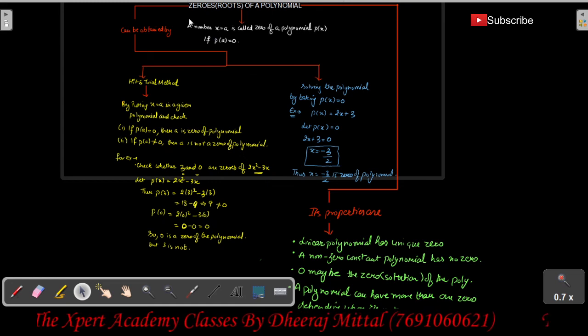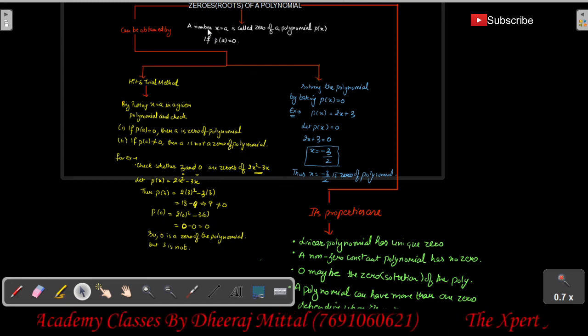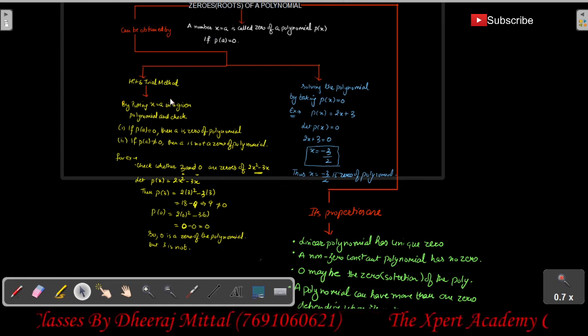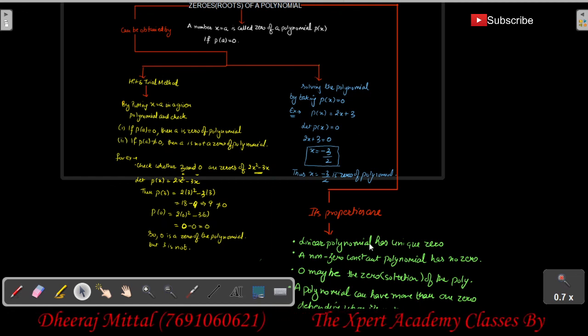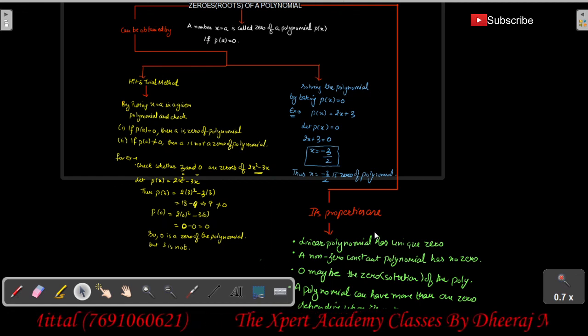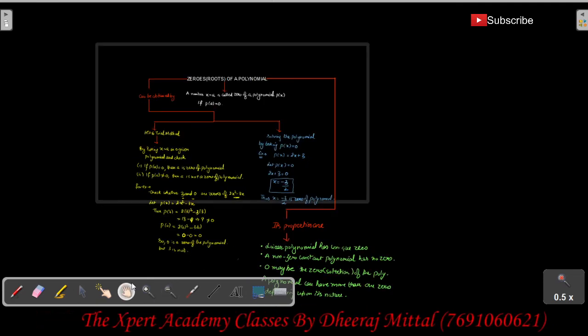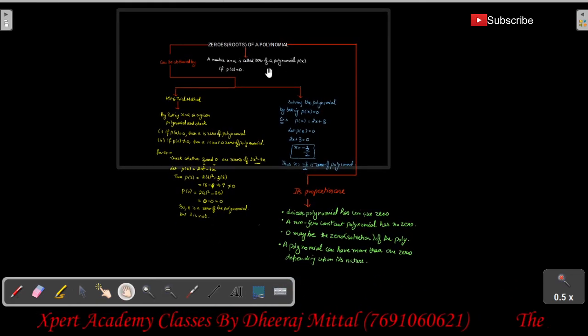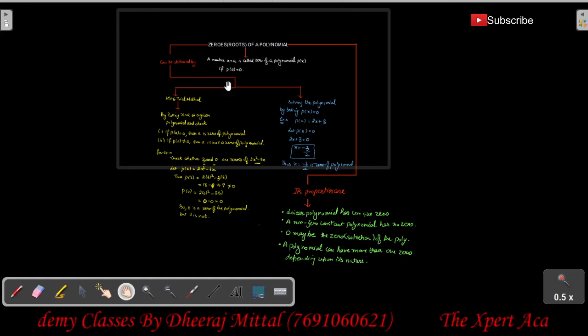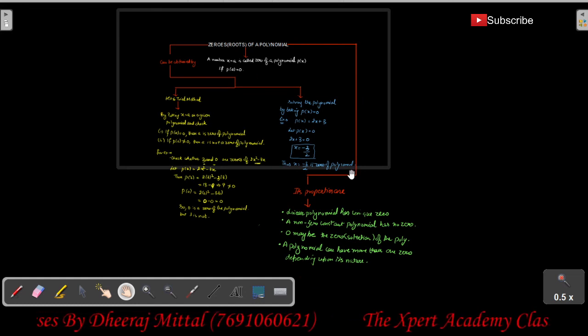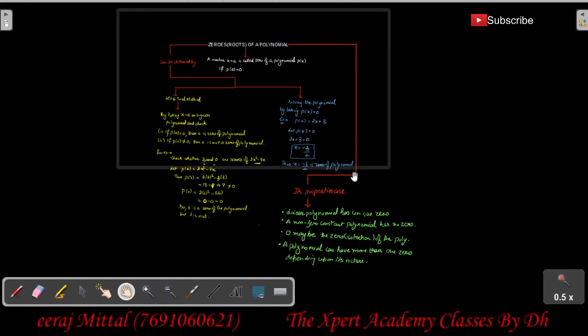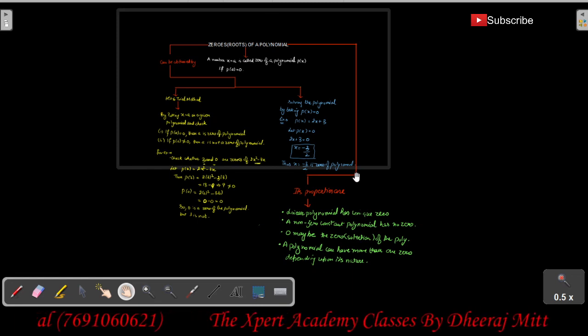Firstly we discussed what is the zero of the polynomial and then how it can be obtained, and in the last we discussed the properties of the zeros. I hope you will clearly understand this, and in the next video we will discuss the NCERT questions of exercise 2.2.